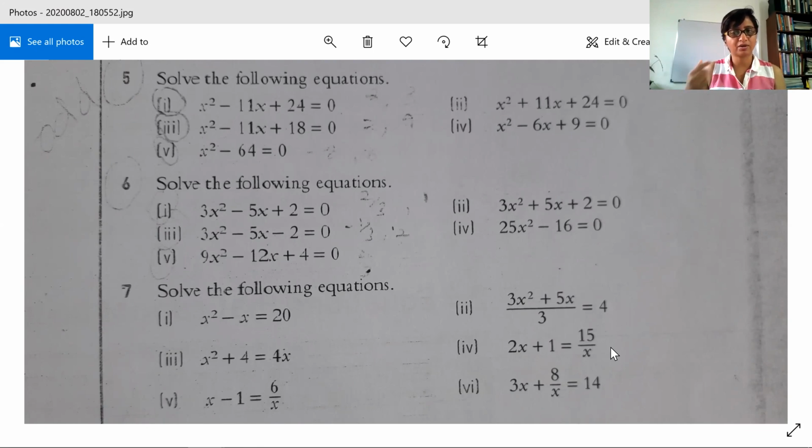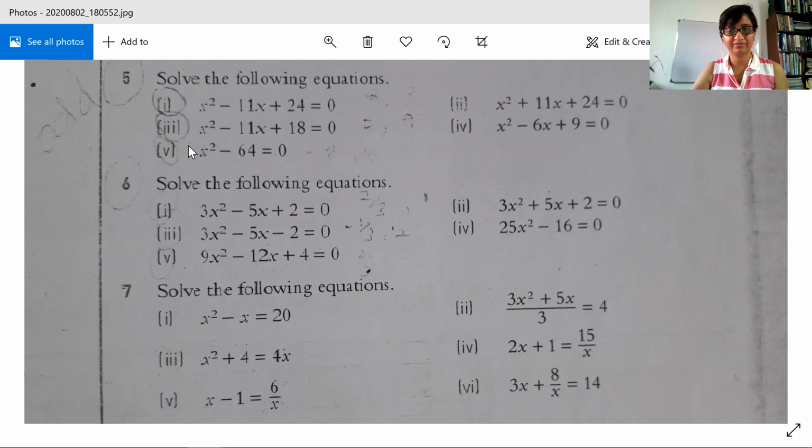So I want you to pay attention to that too. Even this last question, 3x plus 8 over x equals 14, might look like a simple linear equation, but it is not. Because x is in the denominator, when you get rid of those fractional terms, you end up with a quadratic equation.